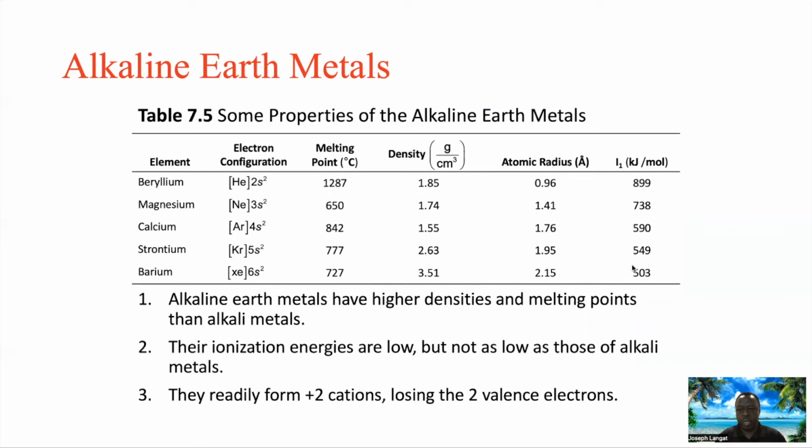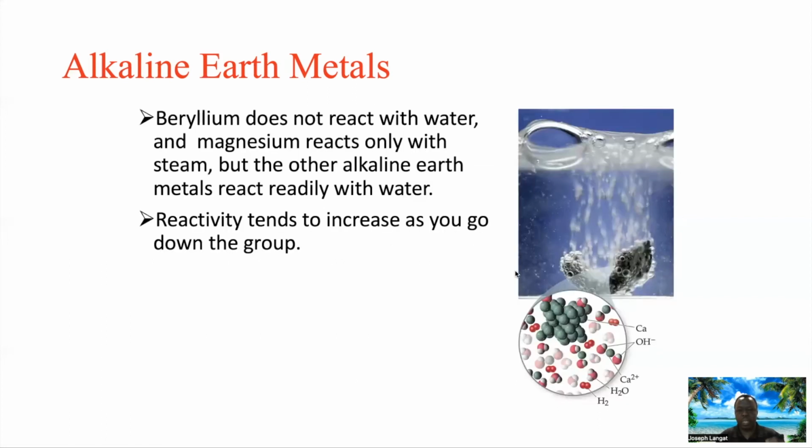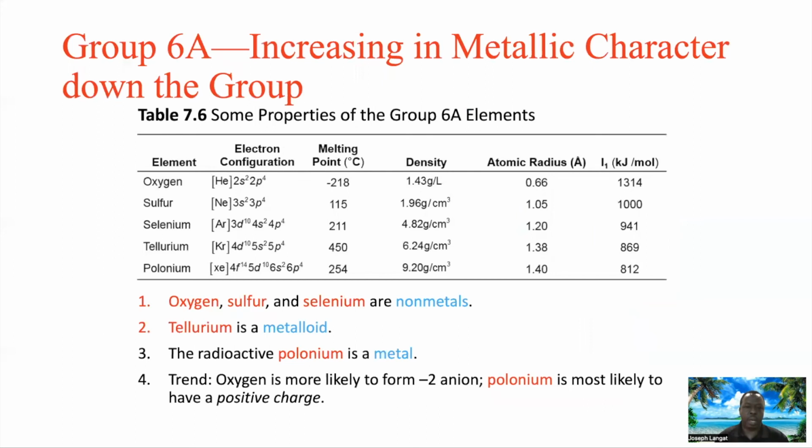This will need less energy to remove an electron, which explains this reactivity. As you go down, it's very easy to remove that electron to react with other elements to form compounds. That's what I want you to know in group 2A, the alkaline earth metals.